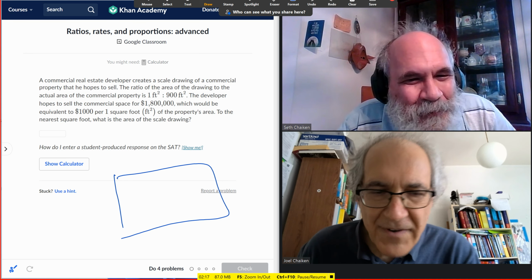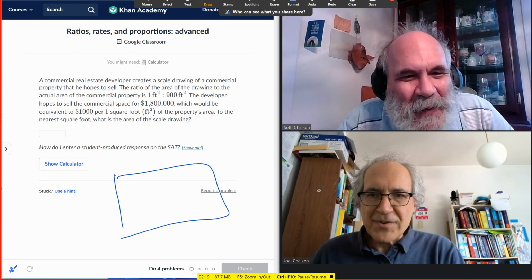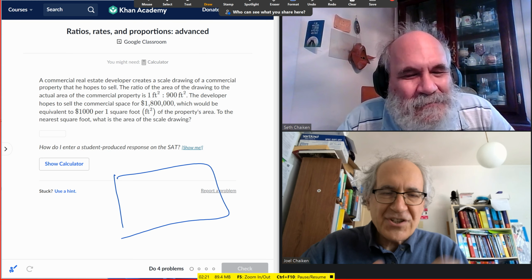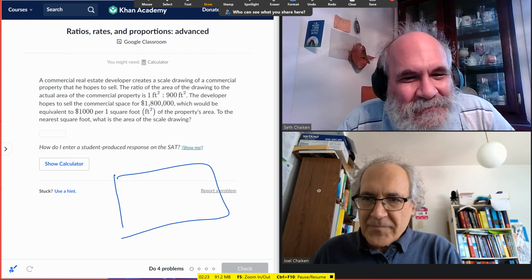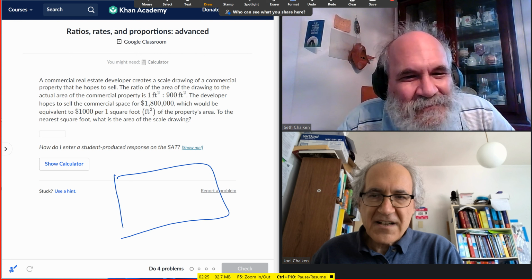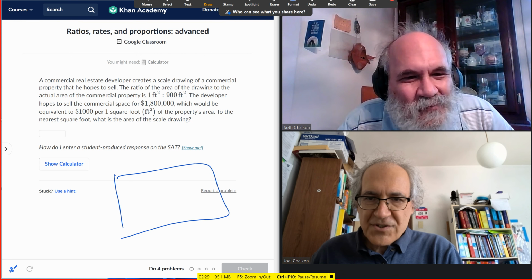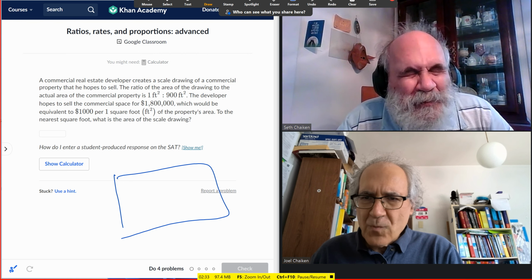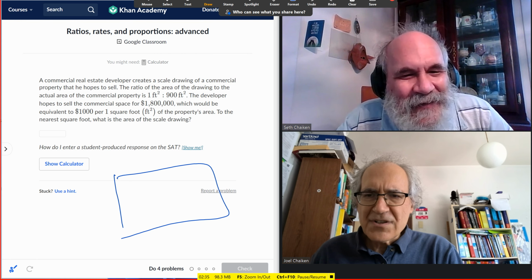Okay, so there's a lot of ratios here. It's not just a simple one-ratio problem. And units will help lead us to make sure we get the right answer. The developer hopes to sell the commercial space for $1.8 million, which would be equivalent to $1,000 per square foot.